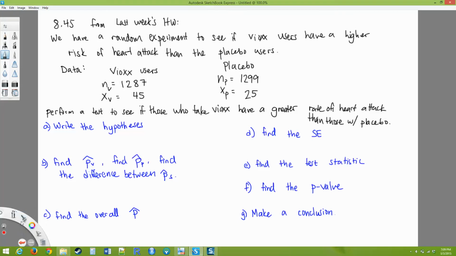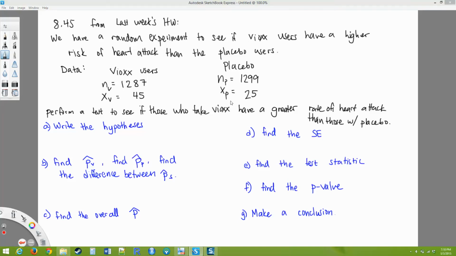So I'll give you guys a second to copy this down. Okay. So this is just everything that's coming from problem 845. All I've done is I've read the problem and I labeled the numbers given in the problem as n and x. Okay. And I advise you guys do the same whenever you come across a problem like this in your homework or on a quiz or something like that.